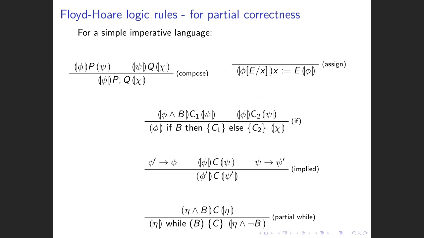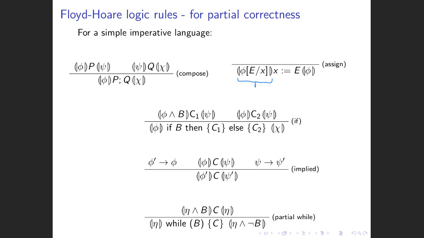And this is done using substitution. This means phi with e for x, which we've seen in a whole bunch of other places, like the lambda calculus, alpha conversion, and so on.